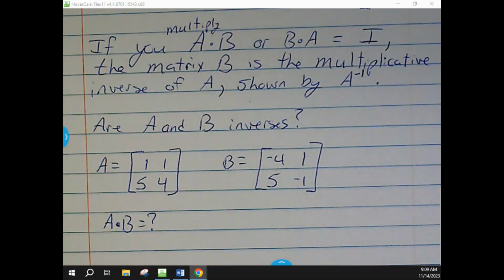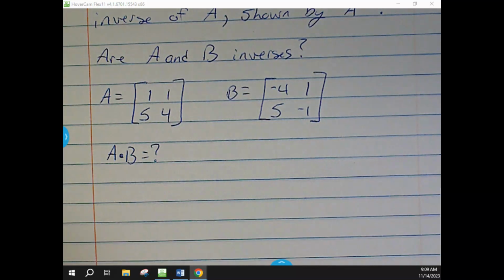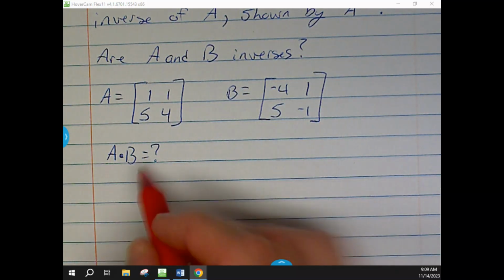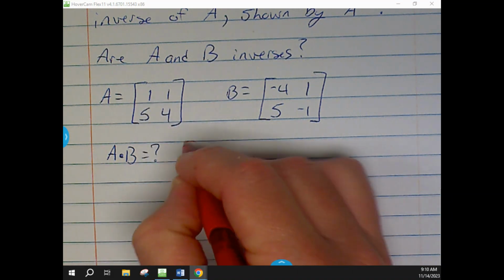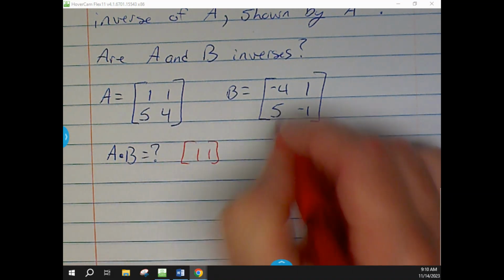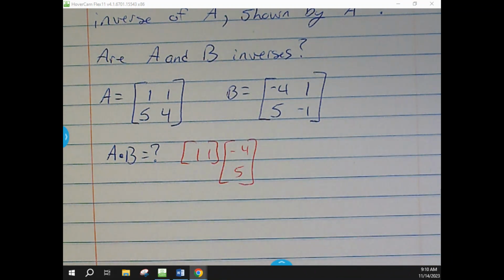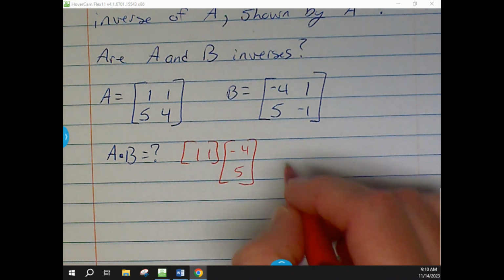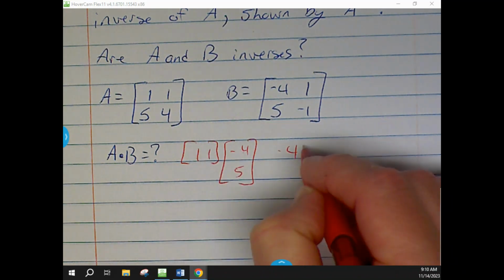Okay, so let's see what A times B is. We're going to go 1 times negative 4, 5. So 1 times negative 4 is negative 4. 1 times 5 is 5.